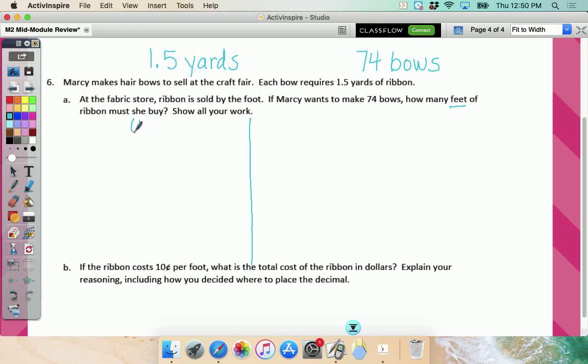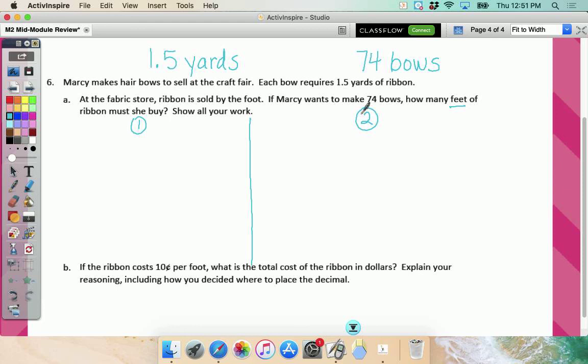Do this. Part 1, part 2. If you don't complete both parts, you're going to miss 4 points on each part. So this is a total of 8 points for this problem. Okay. All right.